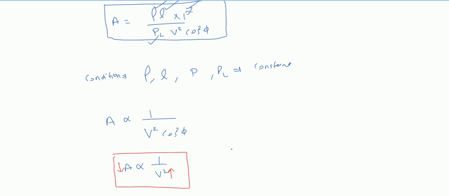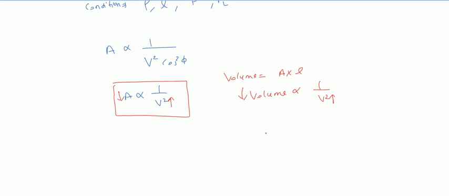If the area of cross section reduces, then the volume of the conductor required will also be reducing. Volume is area into length, and length we are considering as constant. So volume will also be proportional to 1 by V square. So as the voltage increases, this volume will go down, and if volume is less, the cost of the transmission line will reduce.